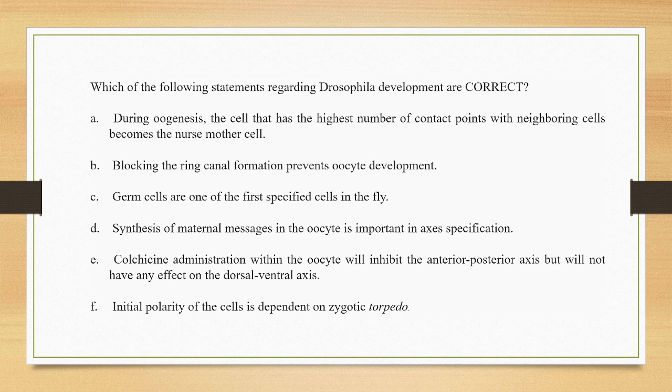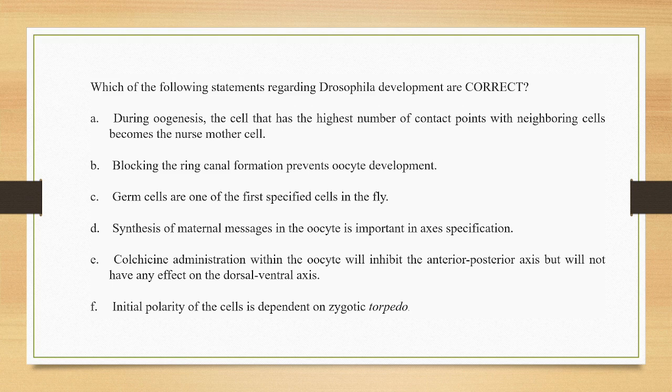The question says, which of the following statements regarding Drosophila development are correct? Again, we have to select the correct statements. A. During oogenesis, the cell that has the highest number of contact points with the neighboring cells becomes the nurse mother cell. B. Blocking the ring canal formation prevents oocyte development.